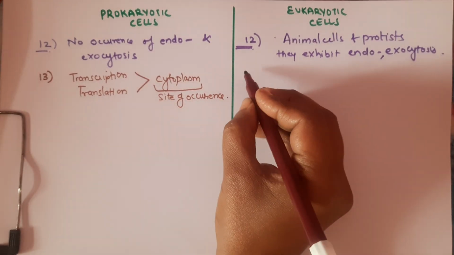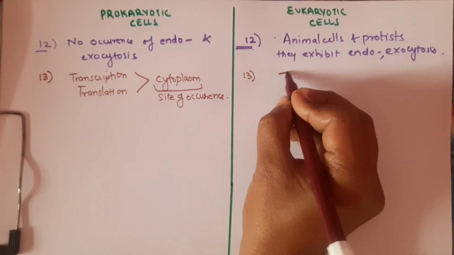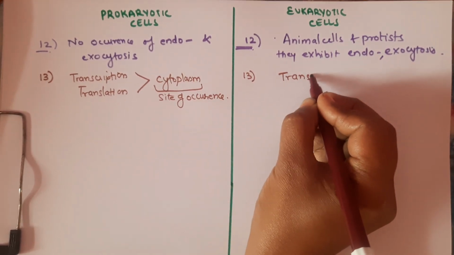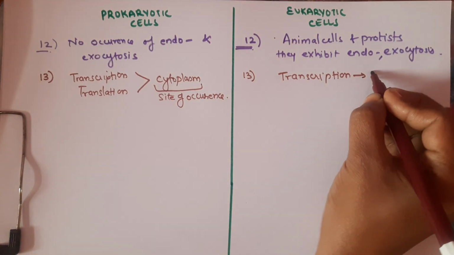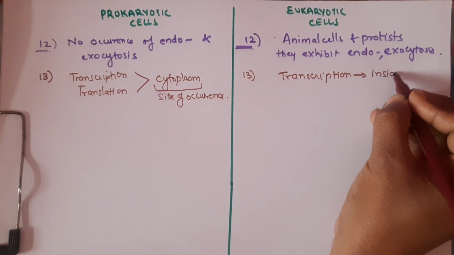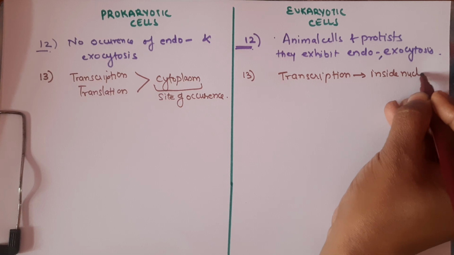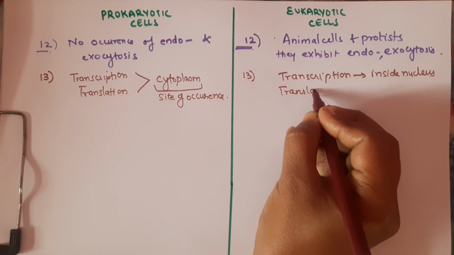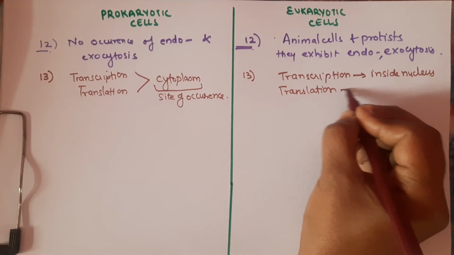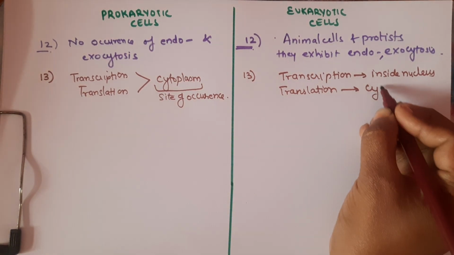Whereas in case of the eukaryotic cell, the transcription process occurs inside the nucleus, whereas the translation occurs in the cytoplasm.